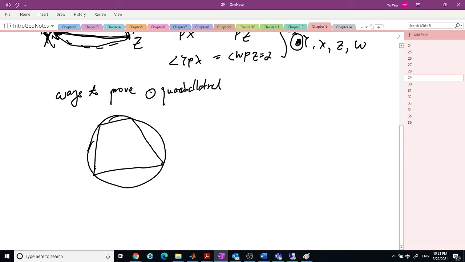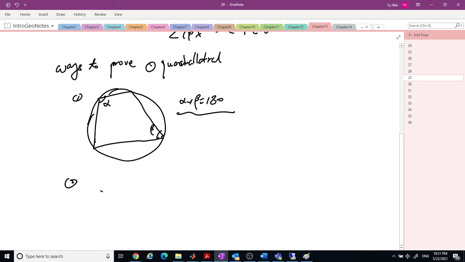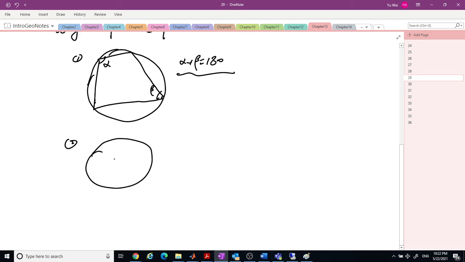The first one is that two opposite angles, alpha plus beta, sum to 180. The second way is to prove that the exterior angle is equal to the interior opposite angle.